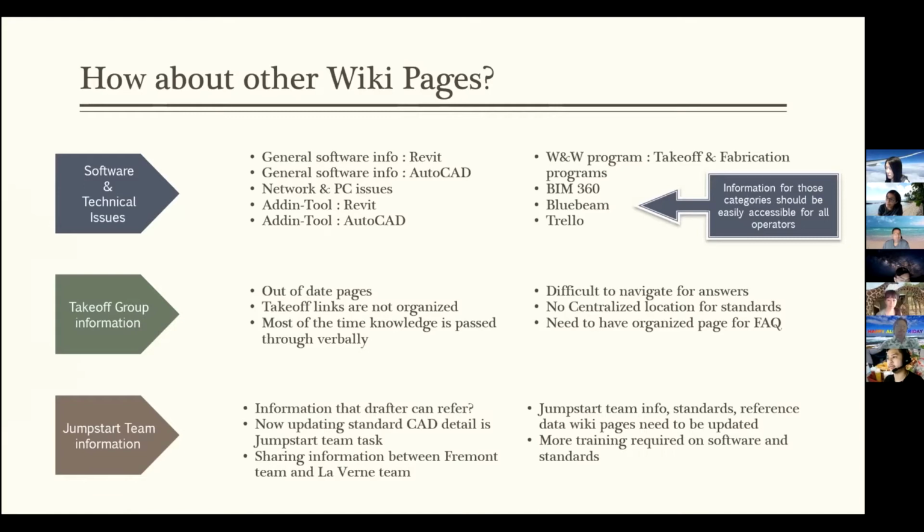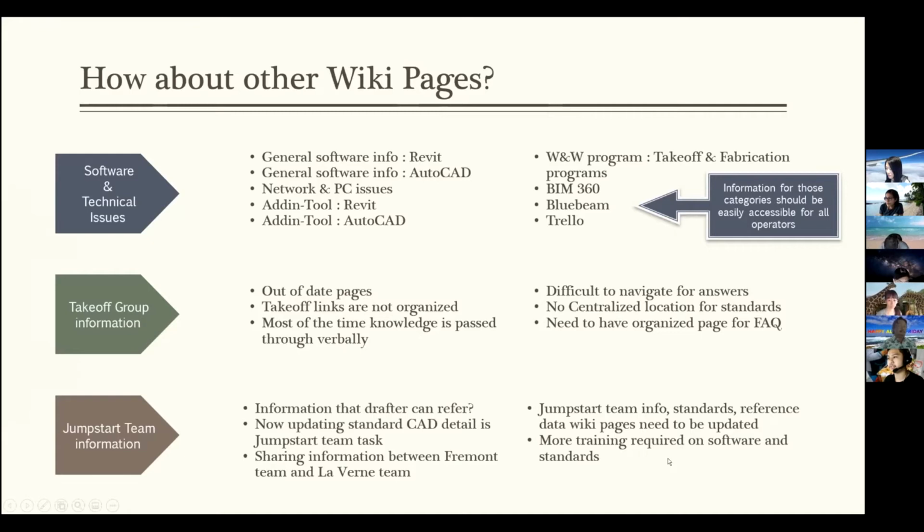In takeoff group information, we have out-of-date pages and links that are not organized appropriately, such as I found a drafting schedule from 10 years ago under takeoff. And then in Jumpstart team information, there's no information for the drafter to refer to; the Jumpstart team information, standards, reference data, and wiki pages need to be updated.